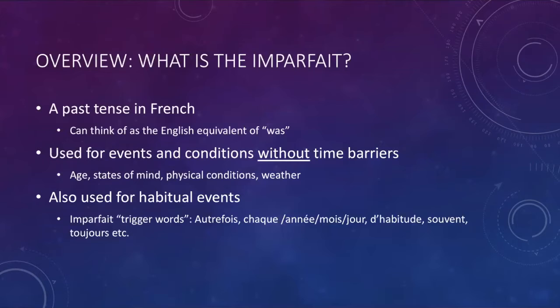Additionally, the imparfait is also used for habitual events. And there are certain imparfait trigger words. When I say this, I mean words that if you see them being used in the past tense, it will probably be the imparfait. And there's a list of those below.